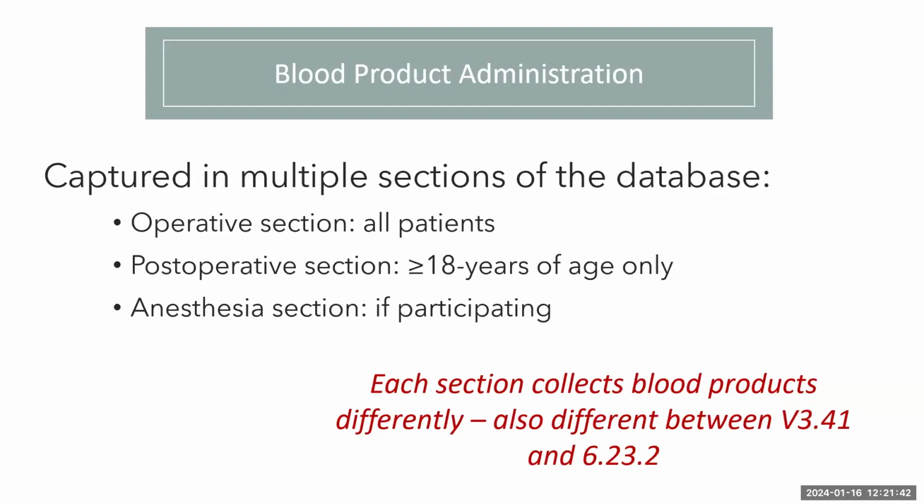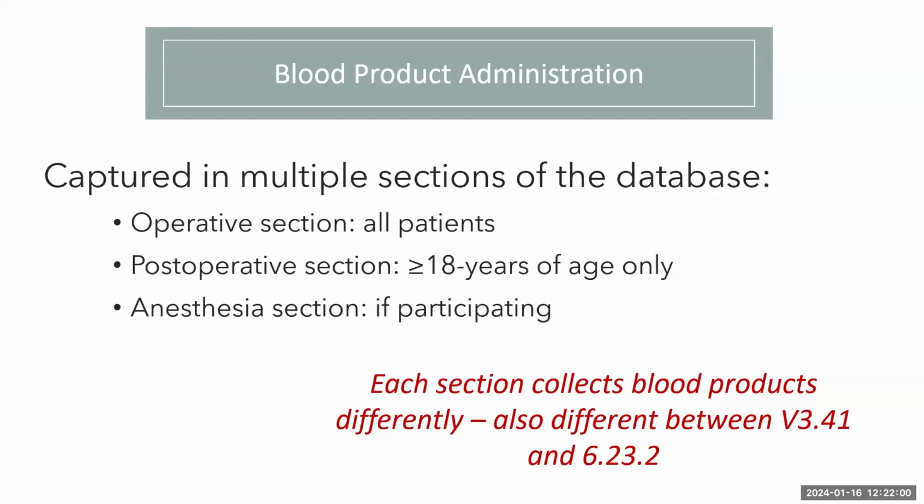So there are 3 sections of the database where blood products are captured. So unfortunately, if you have an adult patient and you participate in anesthesia, you're collecting blood in 3 sections of the database. And each of these sections collects blood products differently from one another. They're looking at the information slightly differently.